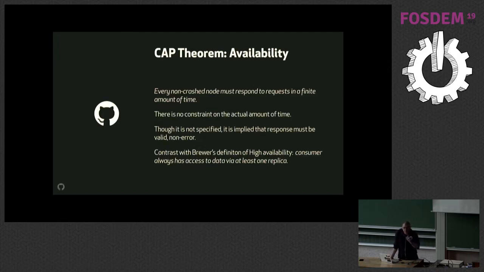Okay? Because only the non-crashed nodes must respond to requests in a finite amount of time. It is perfectly valid to declare such a crashed system as available according to these rules. Now, if I told you that we at GitHub are interested in availability and so we're crashing all our database servers to make it available, you would say that this doesn't utterly make sense. Agreed? Okay, we continue.